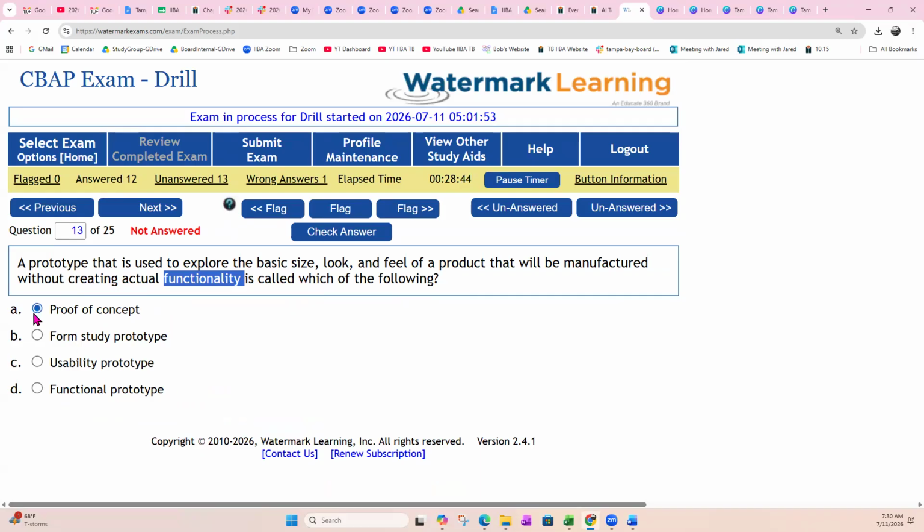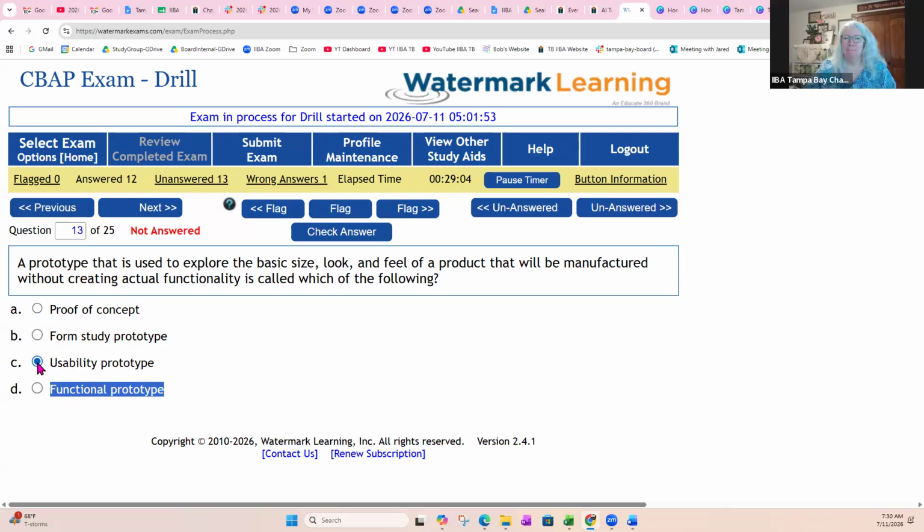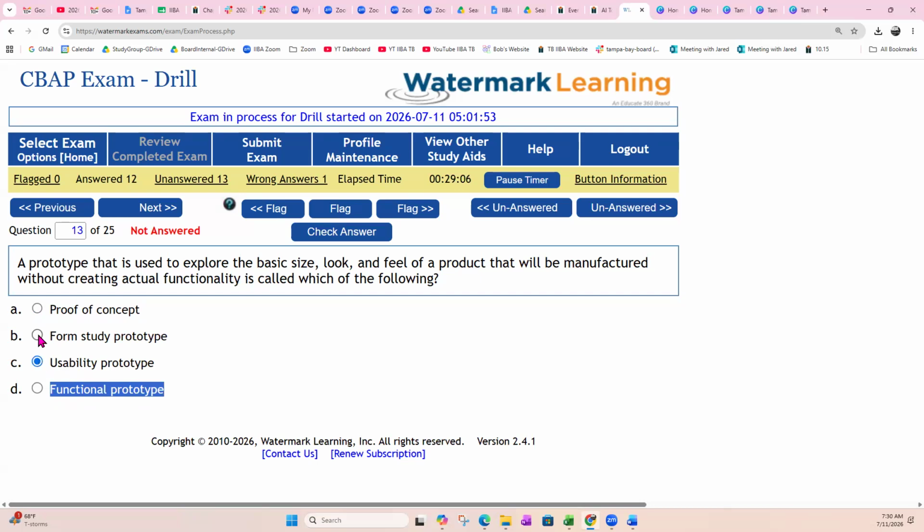Not sure. Without creating actual functionality, so functional prototype is ruled out. Yeah, I'm also divided on that one. I'm thinking usability prototype. No, because there is no functionality to it. Okay. I don't know what form study prototype is.